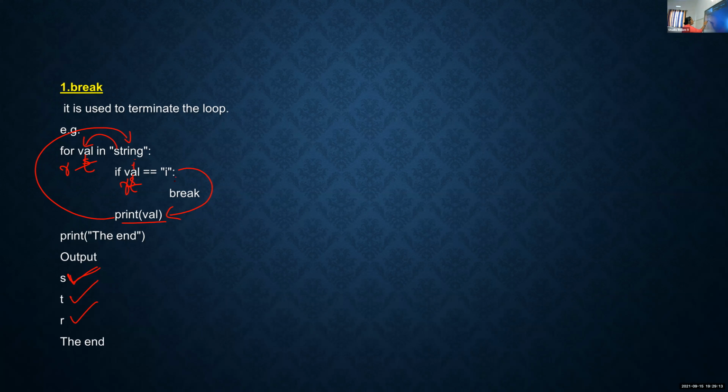If it is true, it will execute break. After executing the break statement, control will move out of this loop. It will terminate from this loop iteration block and it will print the statement, the end.